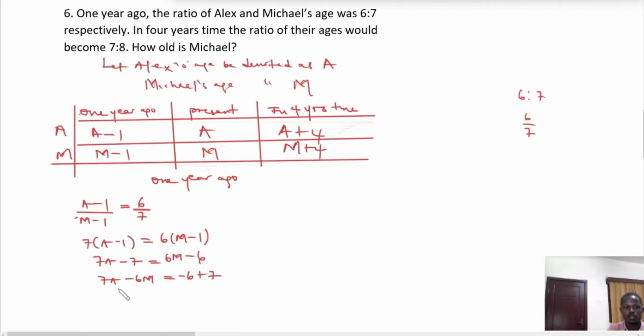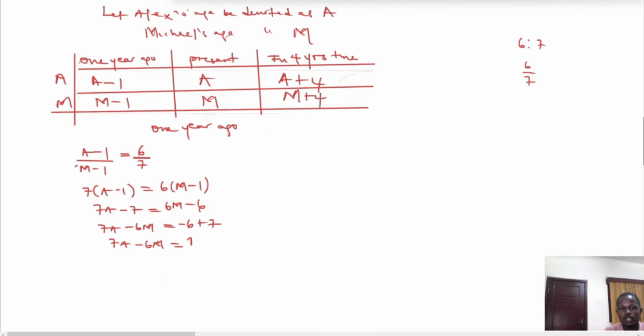So this is 7A minus 6M is equal to positive 1. This is our first equation, equation 1.